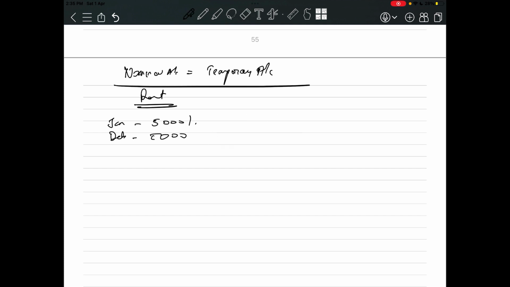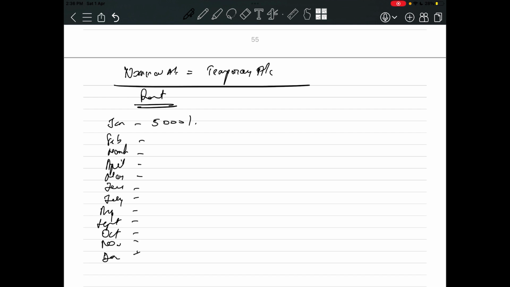Let me just write it. Jan, Feb, March, April, May, June, July, August, September, October, November, December. So you pay 5,000 every month for rent.